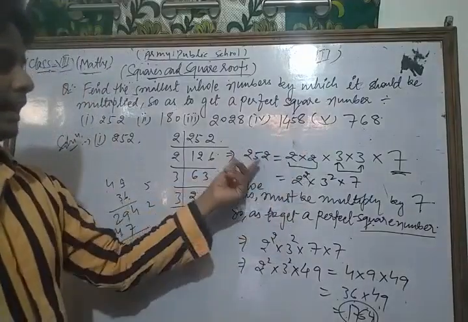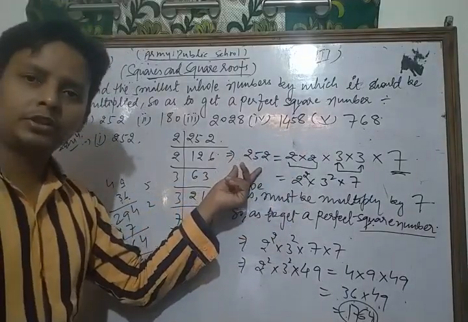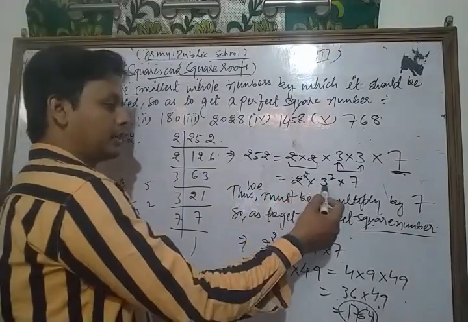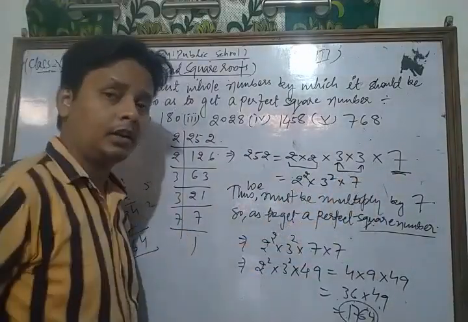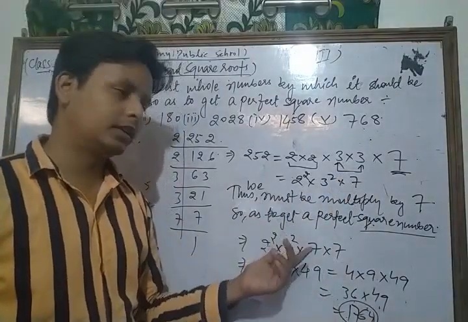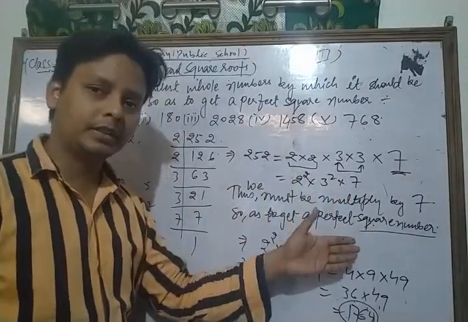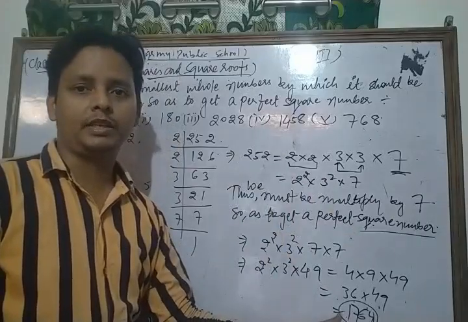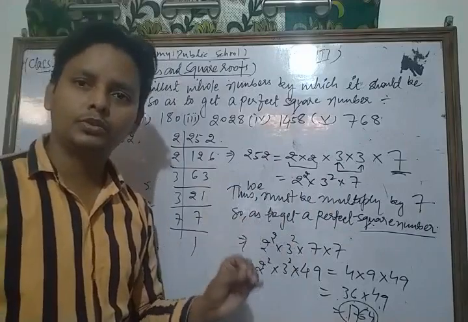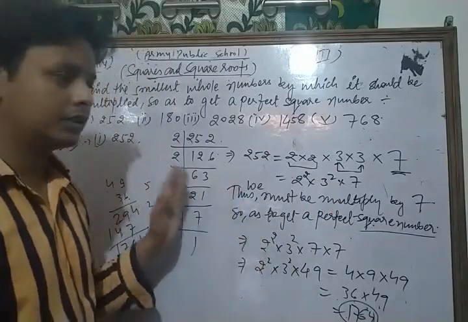So in that, first of all we do the prime factorization, after that we form the pairs. We observe that 2 is in pair, 3 is also in pair, but 7 is not in pair, so we must multiply by 7 to get a perfect square number, and that perfect square number will be 1764. In this way you can solve each part of the given question.